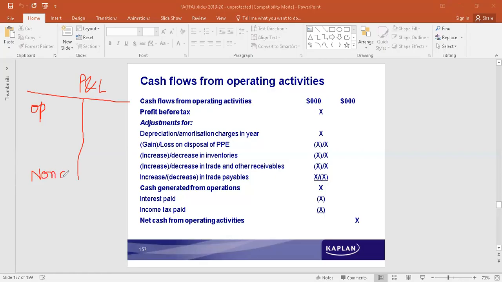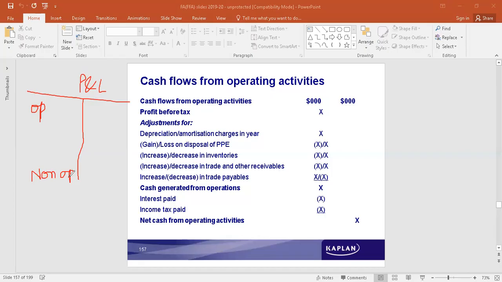like non-operating in the sense that it is an expense, but it is not related to buying and selling of goods. Like if there is an asset that is sold and a loss is realized on sale of the asset, buying and selling of assets is not an operating activity. It is part of investing activity. But there is a loss that is realized.